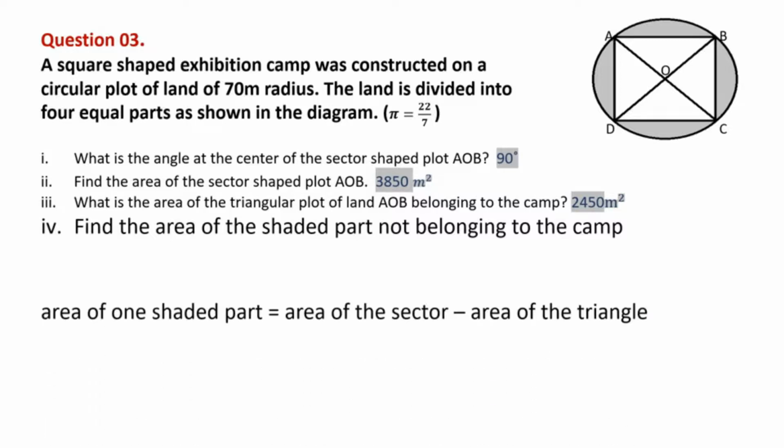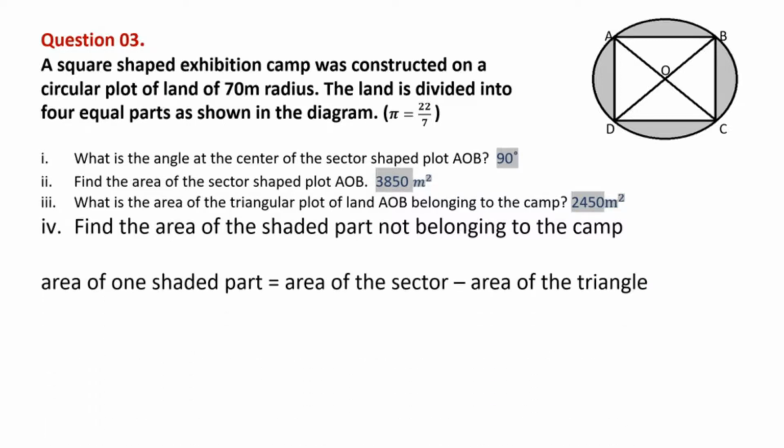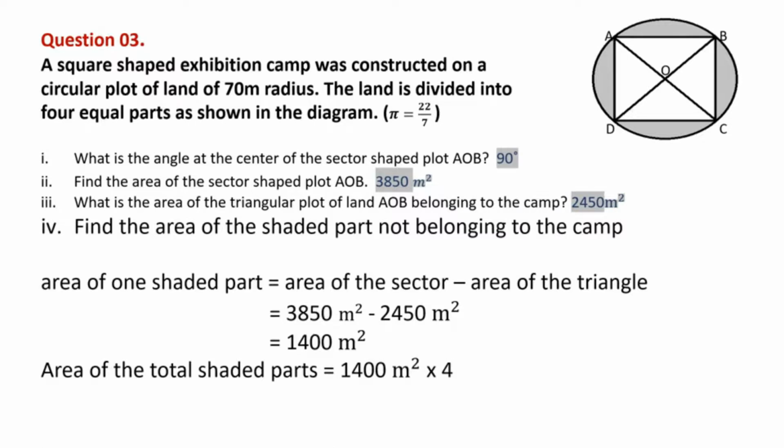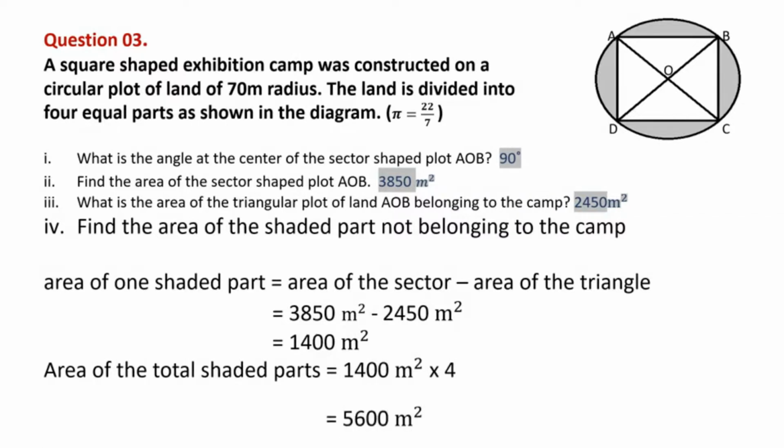By subtracting the area of the triangle from the area of the sector, we can find the area of one small shaded part. So that is 1,400 meters squared. There are 4 such small shaded regions. So we multiply that by 4 in order to find the total shaded area. That is 5,600 meters squared.